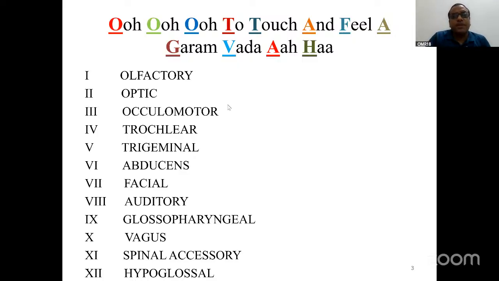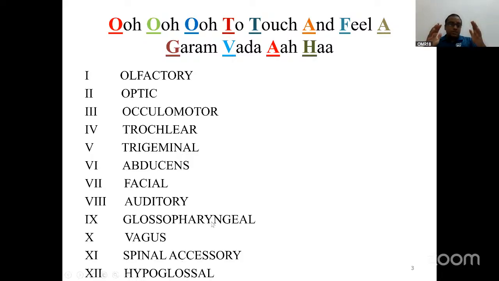Now see, O, O, O, 3 times O. So olfactory, optic, oculomotor. All three start with O. To touch: trochlear, trigeminal. And feel: abducent, facial. A: auditory. Garam vada: glossopharyngeal, vagus. Then aha: accessory, hypoglossal.